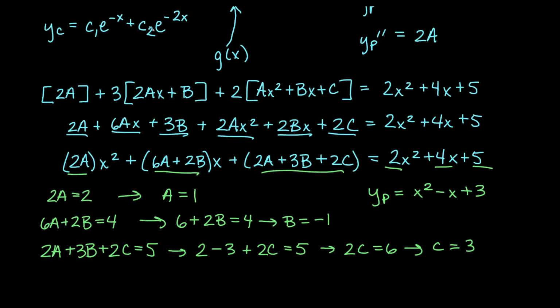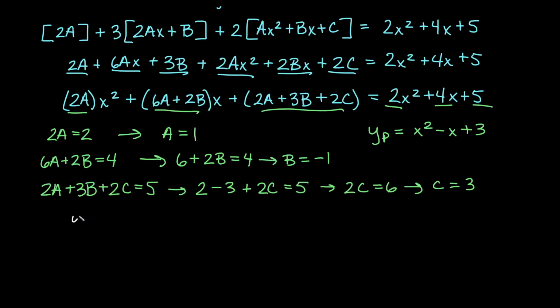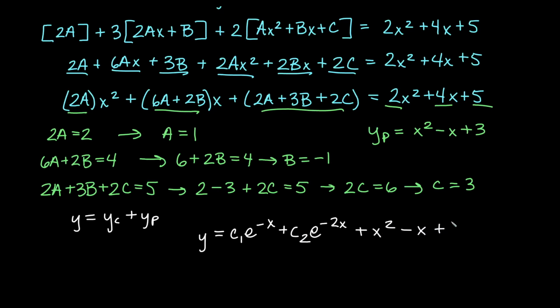We now take our y sub c and we add our y sub p to it. Remember, y is going to equal our complementary function plus our particular function. So we'll say y is equal to c1 e to the negative x plus c2 e to the negative 2x plus x squared minus x plus 3.